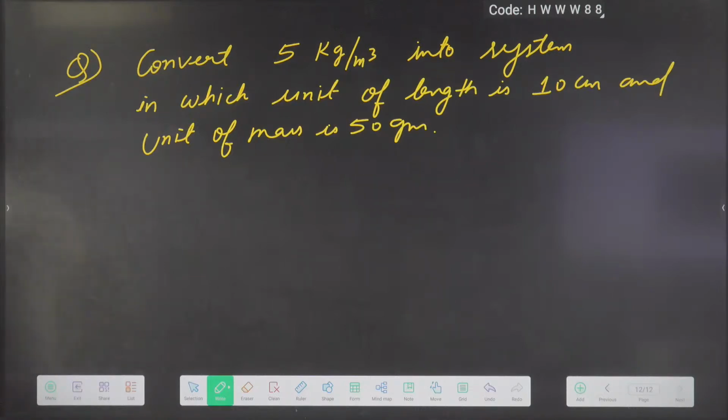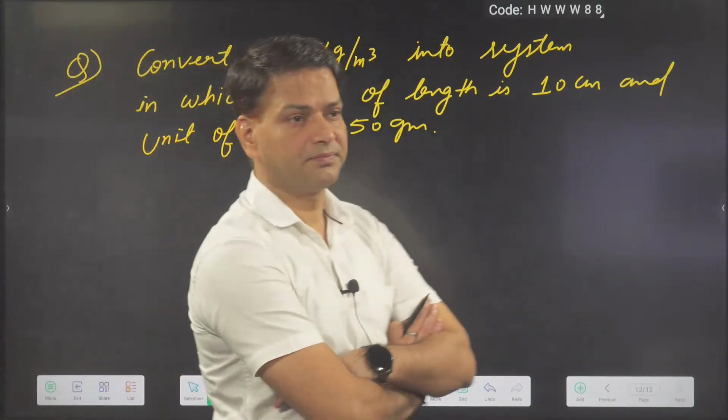Convert 5 kg per meter cube into the system in which the unit of length is 10 centimeter and the unit of mass is 50 gram. One answer I got: 10 to the power minus 3.